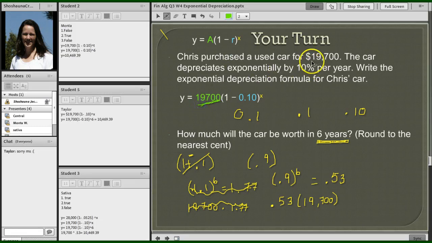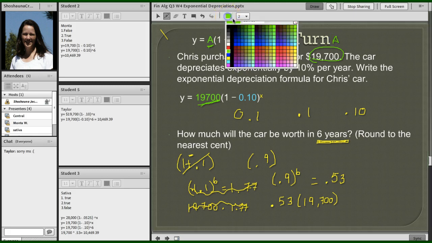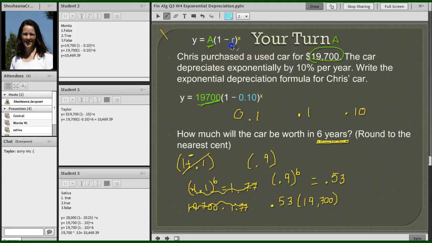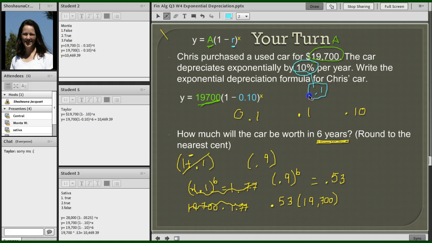So green, and I go and identify: my formula has an A in it, so I identify that this is A. My formula has an R in it, so I go through and identify there's my R. And I might say that's 0.1, just to remind myself what's going on with my R. Nice. Okay, guys. So that's what we're covering today.